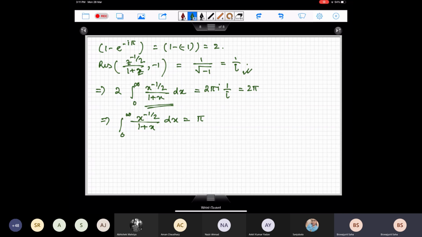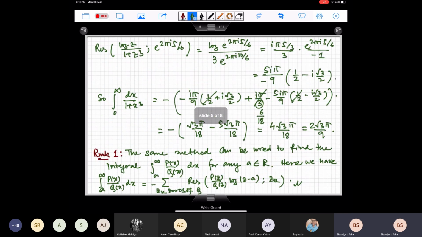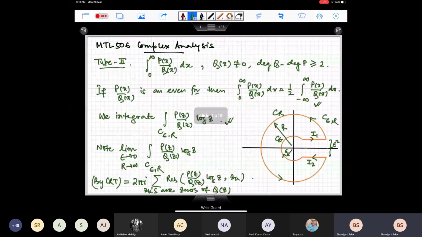Okay, so this completes type 2. In type 2 we have done several cases. The usual px upon qx dx from 0 to infinity is taken care of. Remember, in this case you have to introduce the logarithm, because you want to distinguish between the integral over I1 and over I2.